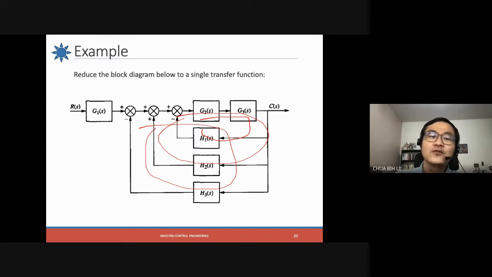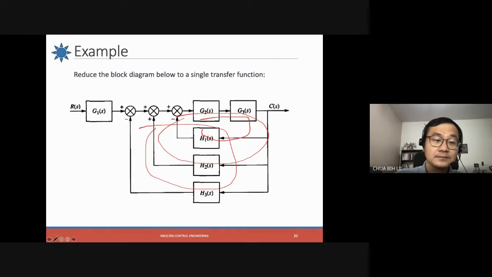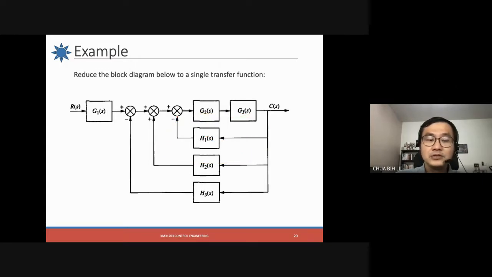But before we do all this looping, we solve part by part. We will do the summation of this first, before we see the first feedback loop. Combine them together into one, then another feedback loop, and the third one.